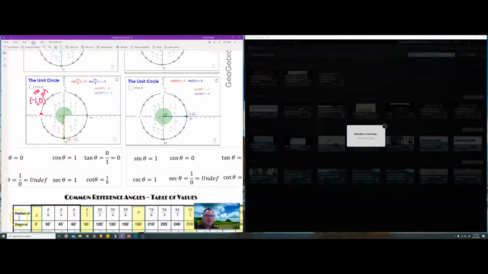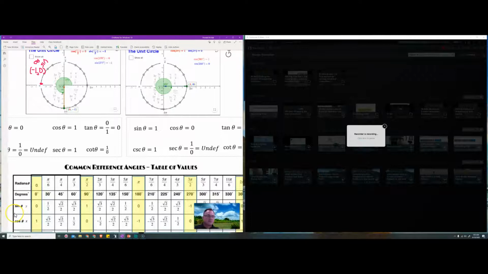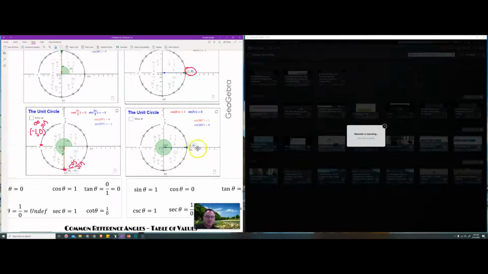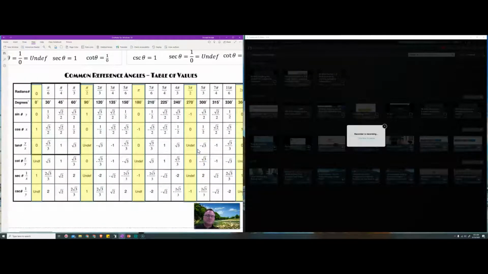Then now we go to 3 pi over 2, which was 270 degrees, and my cosine is 0, and my sine is -1. So I filled that in on this chart here. Cosine, the x coordinate, is 0, y coordinate -1.